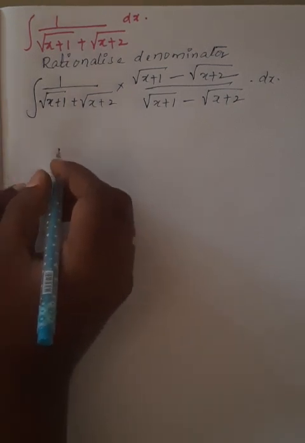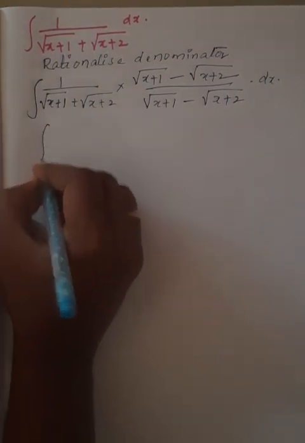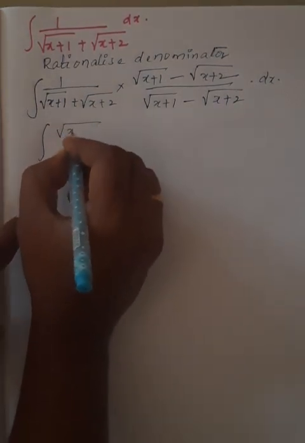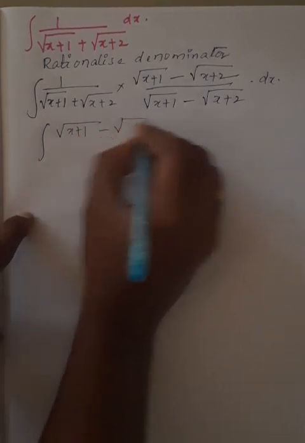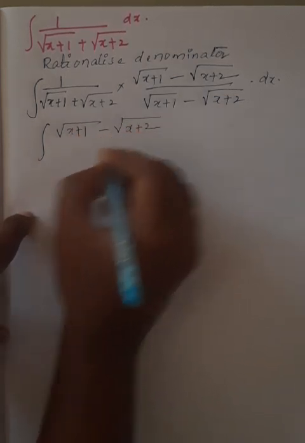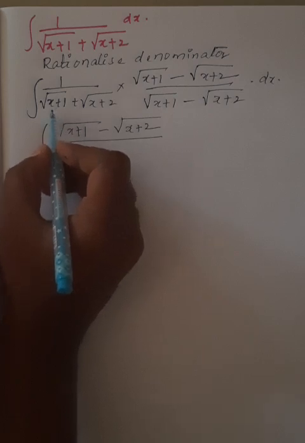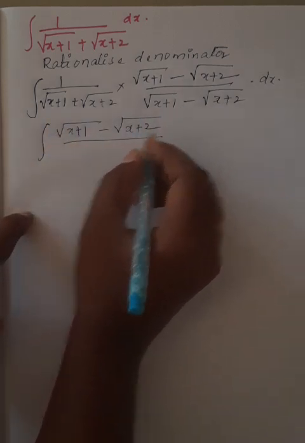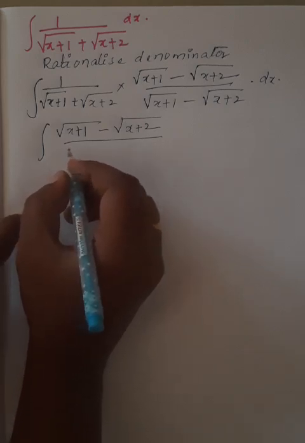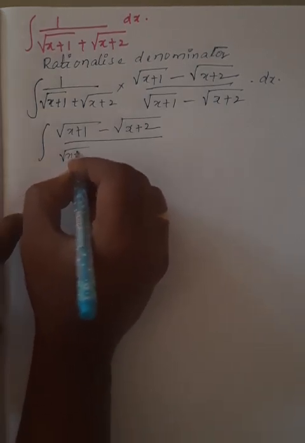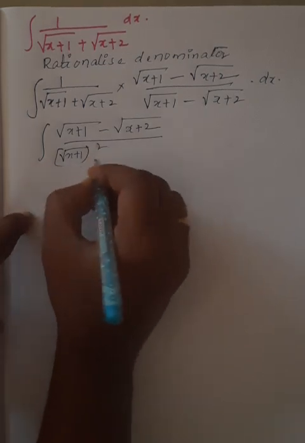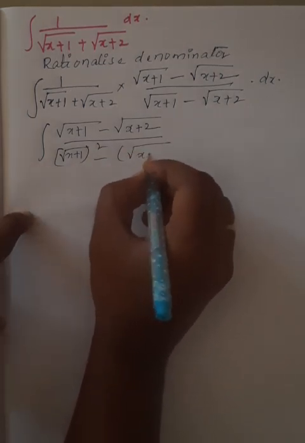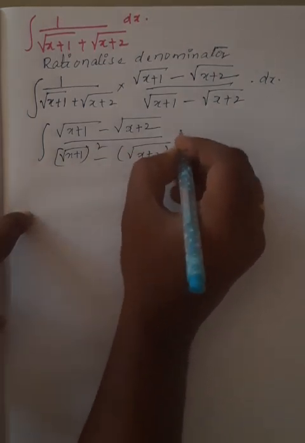Now multiply numerator and denominator. So root x plus 1 minus root x plus 2 divided by, now the denominator is of the form a plus b into a minus b, which can also be written as a square minus b square, into dx.